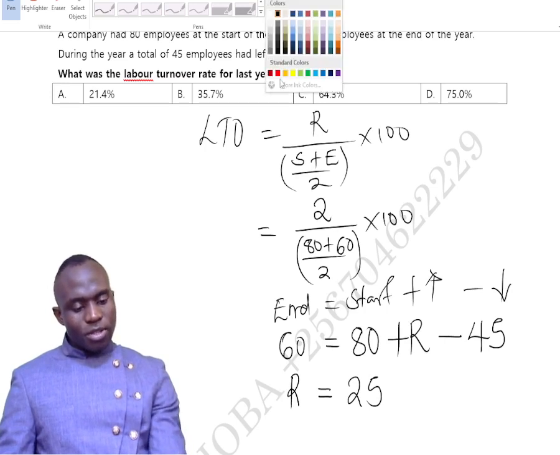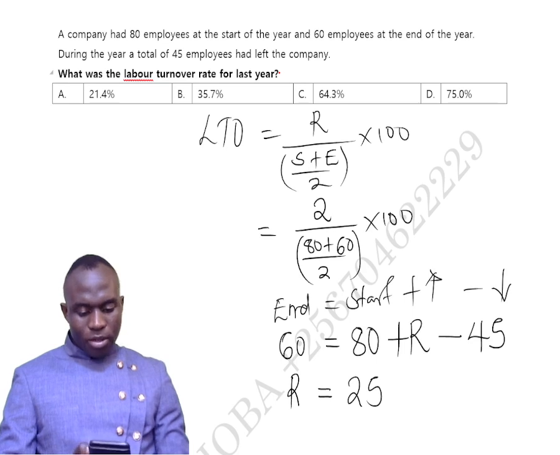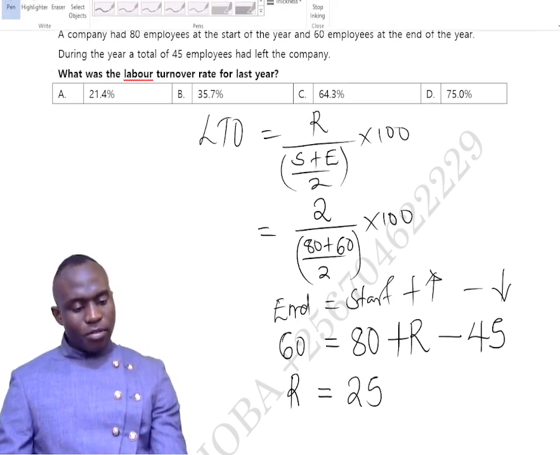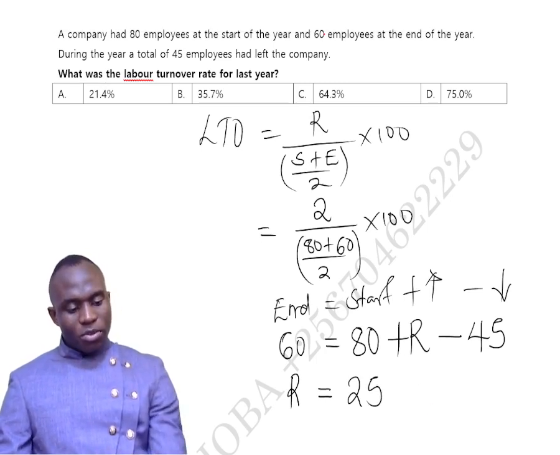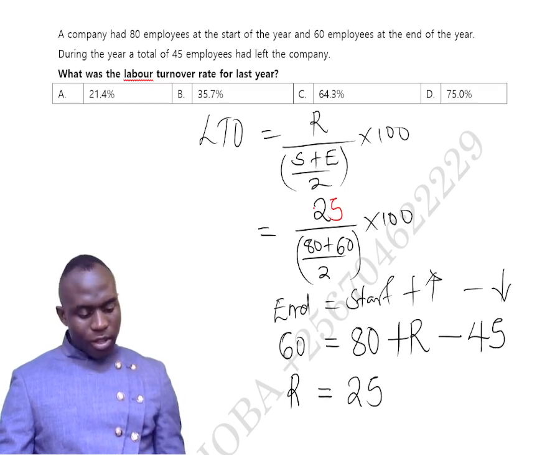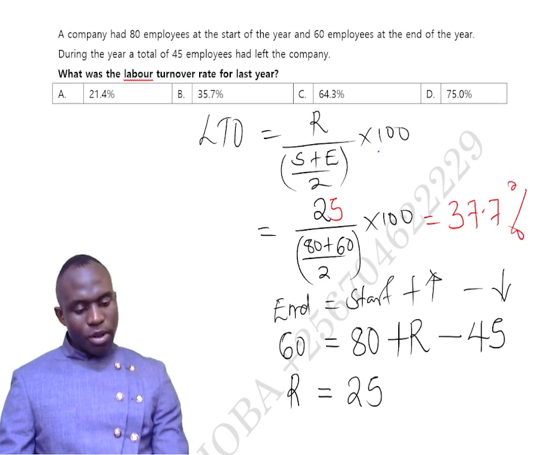And if we work this out, it is 2 divided by (80 plus 60) divided by 2, then times 100. Sorry, the upper one is not 2, it is 25. So we change this one to 25. And if we work it out, we get 37.7%. So the correct answer is B.